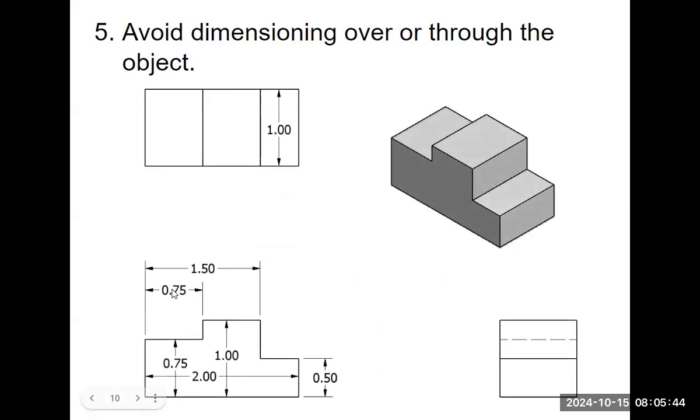Now, first we need to get clear on terminology. The dimension is how far it is, like from the left edge to this point right here is 1.5 somethings, probably inches. That its dimension is 1.5, but the dimension is also the entire thing, like the extension lines and the number and the arrows.